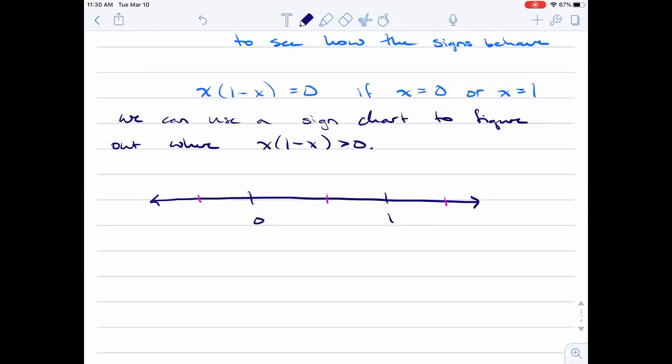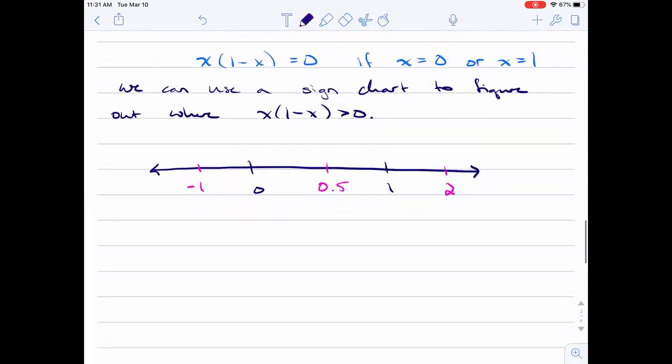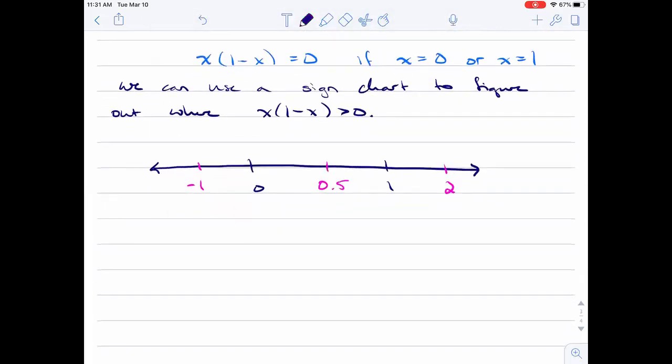So I could pick values like -1, 0.5 and 2. It doesn't matter which values you pick as long as it's in the right range. So for this first part, x less than 0, x is going to be negative, right?